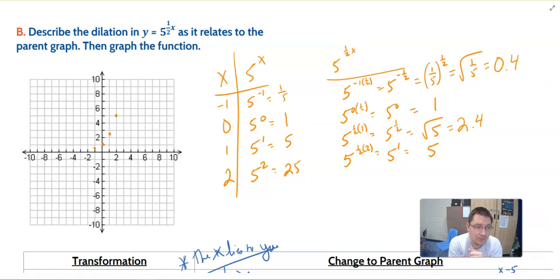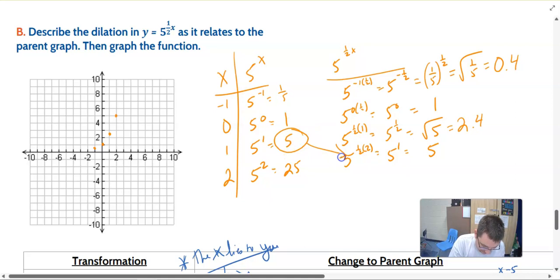The value of this point at 5 would have been at 1, because it should have been here, right? This value of 5 is now not at 1, it's at 2. And so we see that it's changed. And then same thing here, if we go on to -2, we would get that smaller value as well. And so when we graph those 4 points, we're looking at this here. Okay? And so those are the 4 points that we have there.